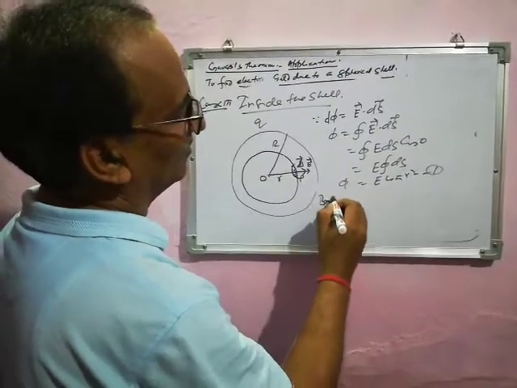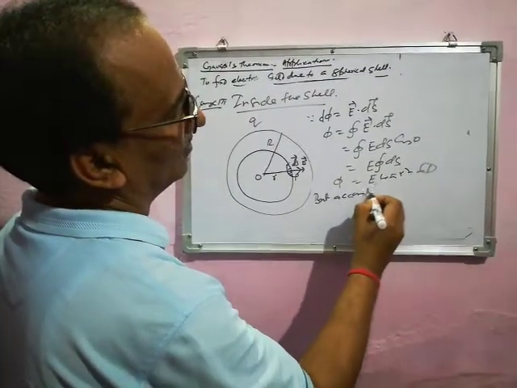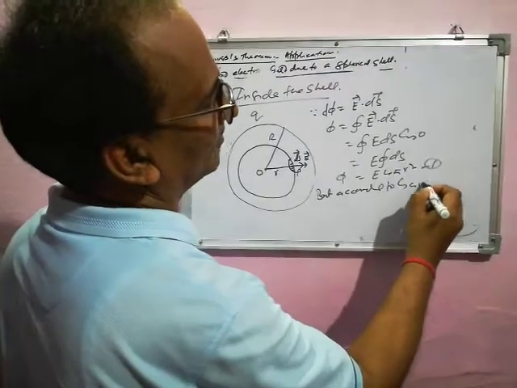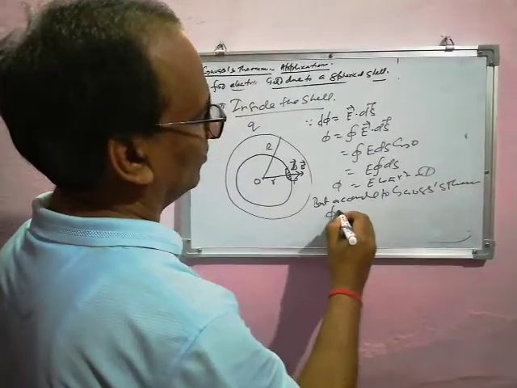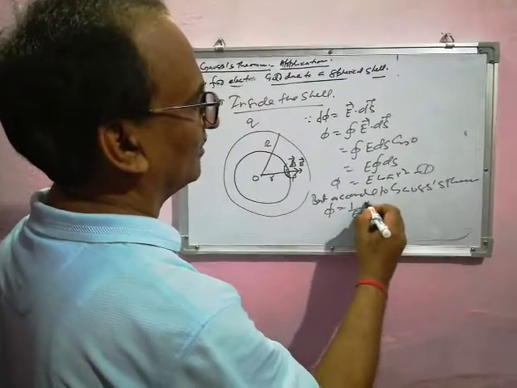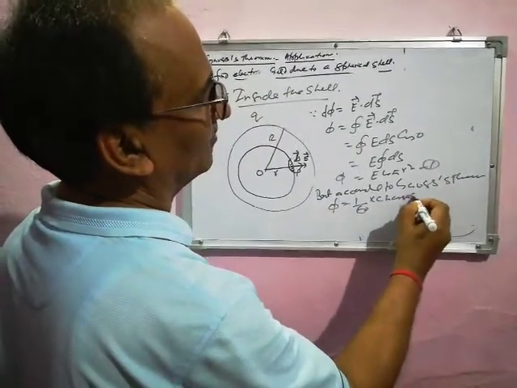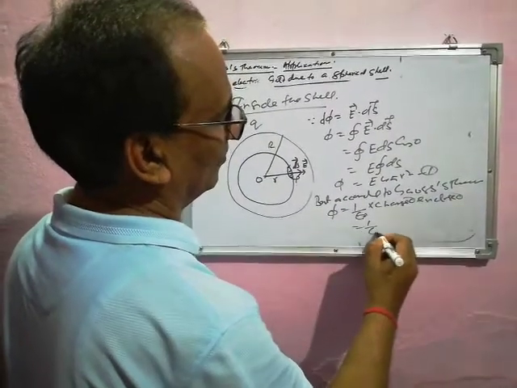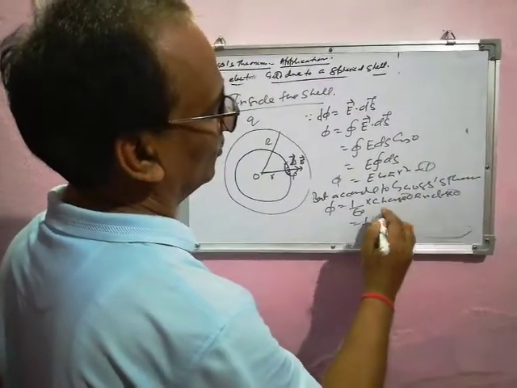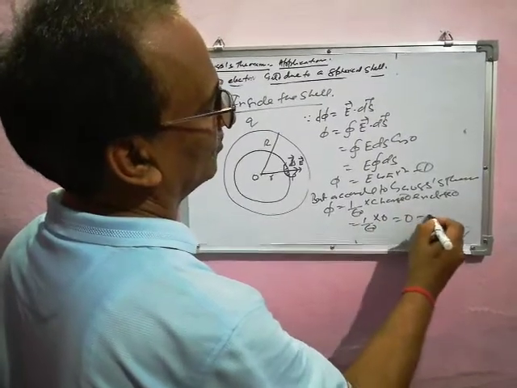But according to Gauss's theorem, flux is equal to 1 by epsilon naught into the charge enclosed. It is equal to 1 by epsilon naught into 0, that is 0.